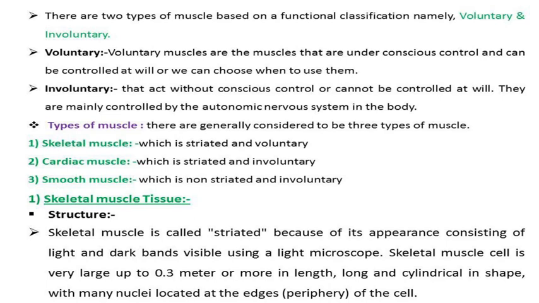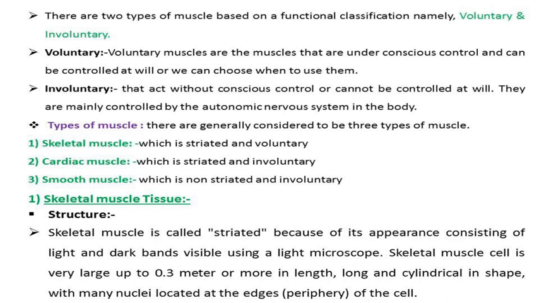The other is involuntary muscle. They act without conscious control and cannot be controlled at will. They are mainly controlled by the autonomic nervous system in the body. An example is the ganglionic nervous system, with various types of ganglia present in the digestive system.